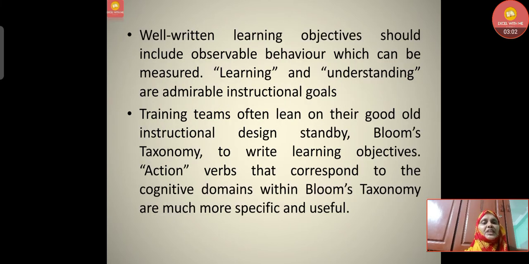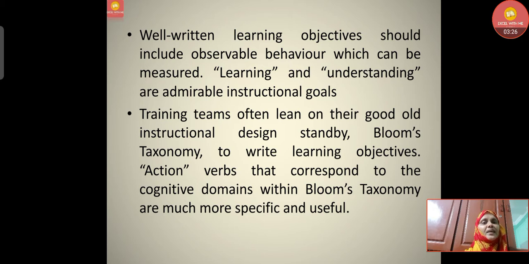Well-written learning objectives should include observable behavior which can be measured. That means what a learner has achieved should be observable and could be measured also.